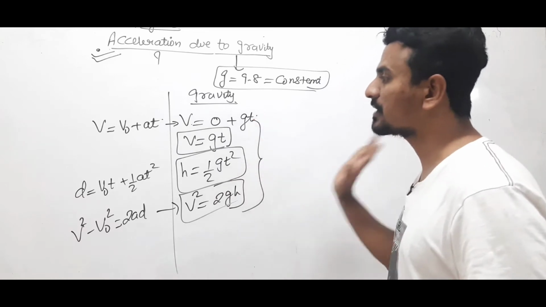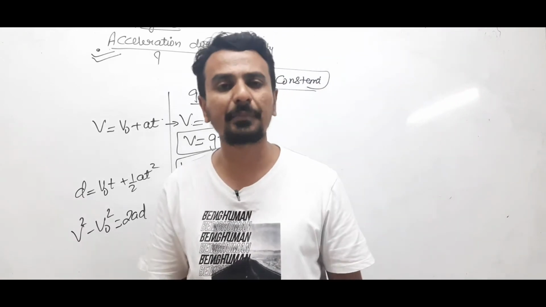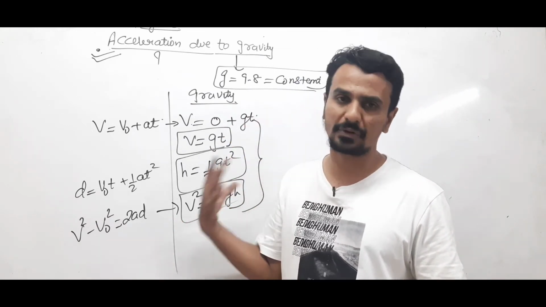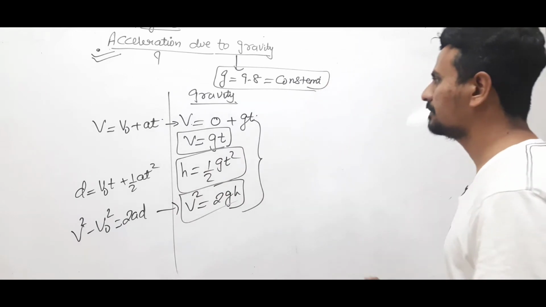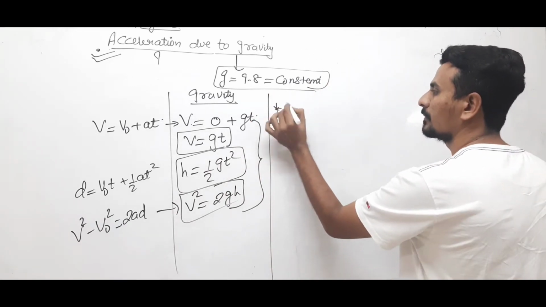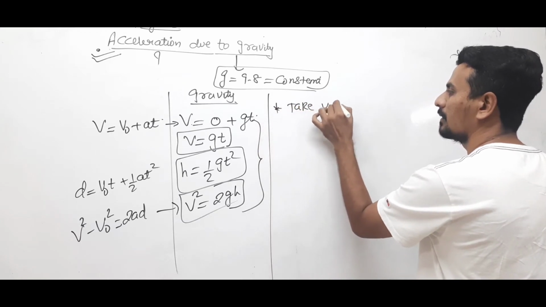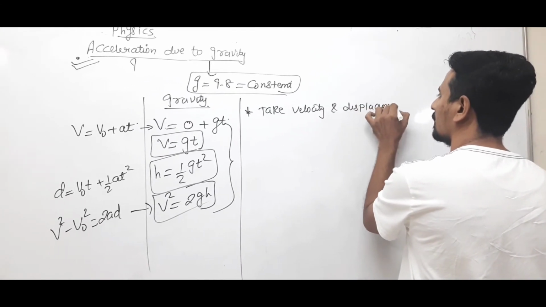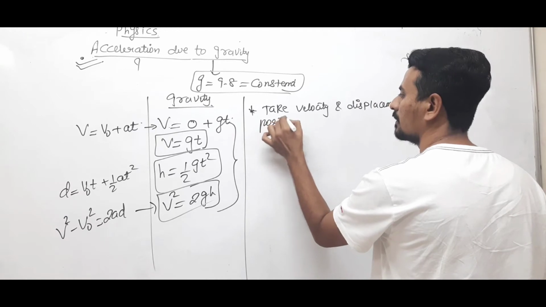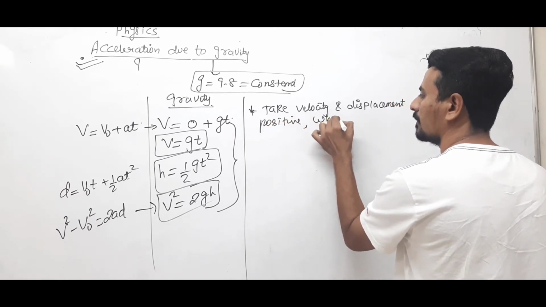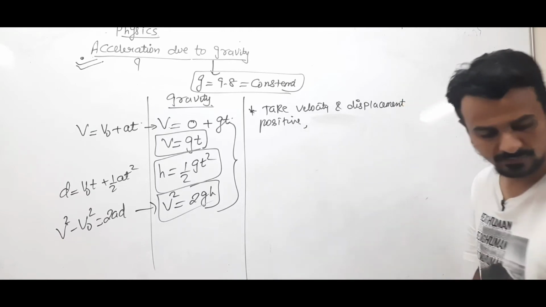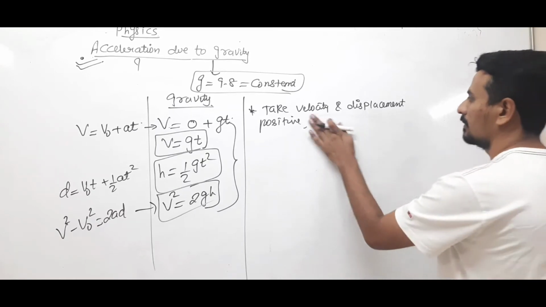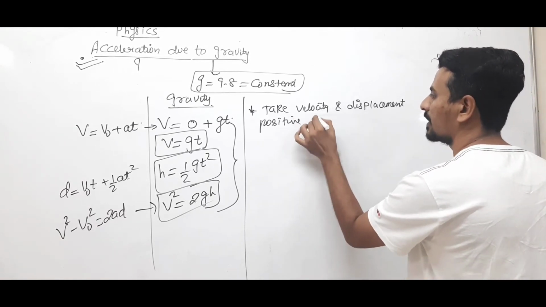Okay, but here we have not applied any sign conventions. First we will understand the sign conventions which are to be applied while solving the questions of gravity. See the first one. Take velocity and displacement positive in upward direction.